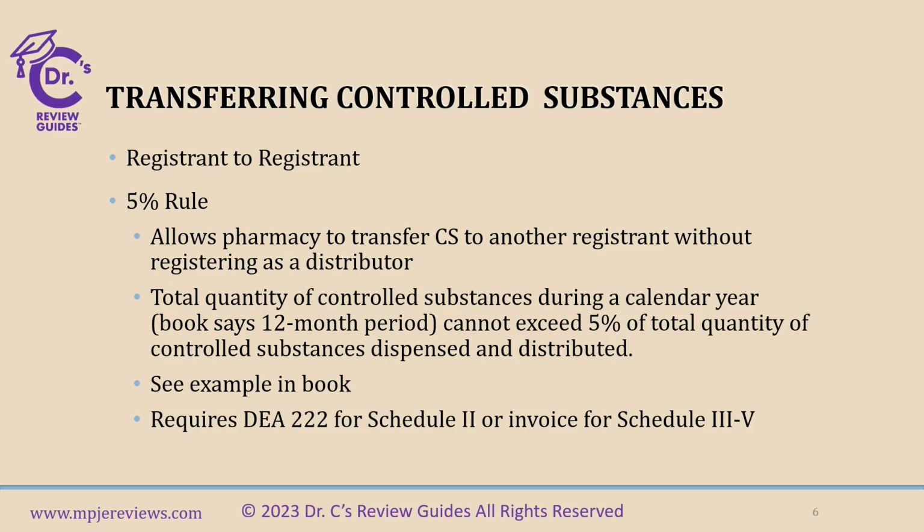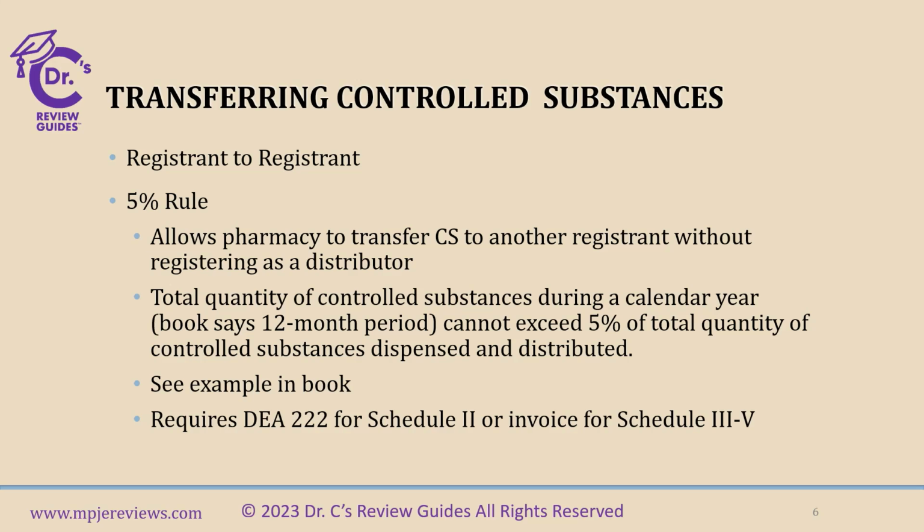The book says during a 12-month period, this is letter C1 in your book, make a correction there. They've changed the 12-month period to an actual calendar year, which actually makes a lot more sense. When it used to be a 12-month period, I always wondered, how do you know it's a rolling 12-month period when you're going to exceed the number? But it's actually done by calendar year now, and they changed the language. So change 12-month period in letter C1 on page 72 to calendar year.